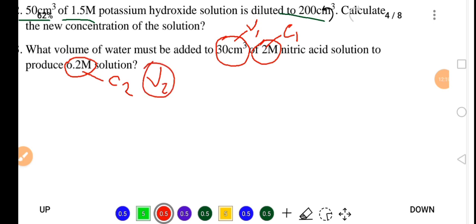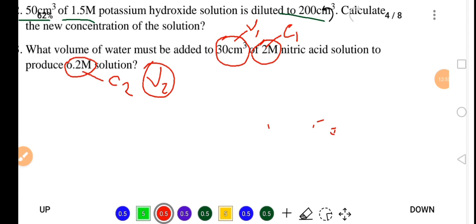This we don't have. We need to analyze this question very well. What volume of water must be added to 30 centimeter cubic of 2 molar nitric acid solution? What volume of water? So this is very simple.